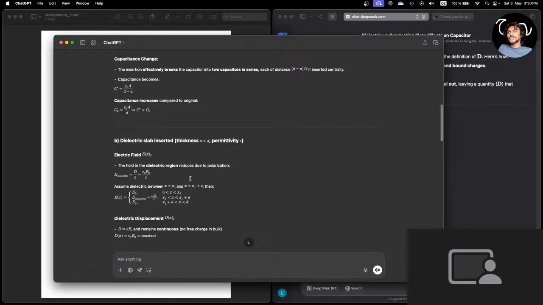That is the ratio of permittivity of the air or vacuum by the permittivity of the dielectric material into the electric field outside.